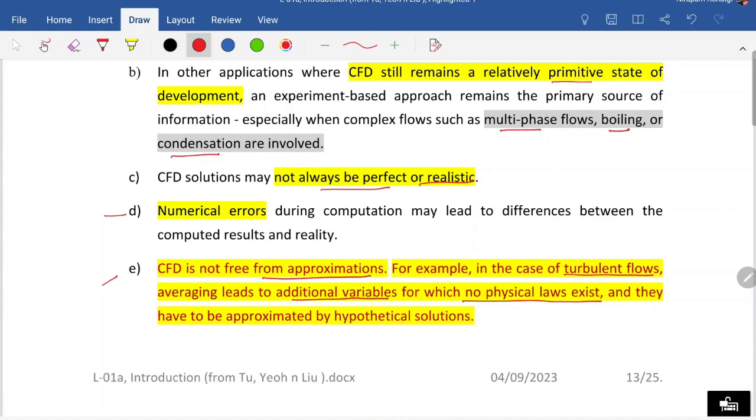Now you have added the number of unknowns, but you are unable to add more equations. So you have to forcefully add more equations, which are more or less imaginary. There is no physics law, because physics law you have already taken care of: continuity, momentum, Newton's law, energy equation, diffusion, combustion, everything you have already taken care of.